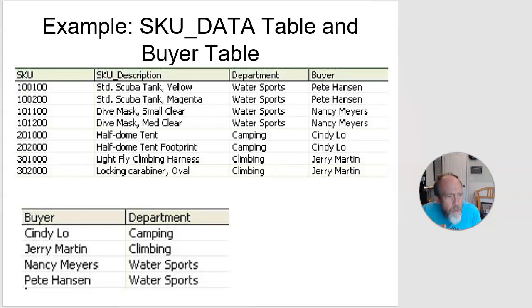The ones that begin with 2 or 3, the 2s seem to be camping, and the 3s seem to be climbing, and they have buyers in each of those. And we've also got, from the buyers, we can say, well, Cindy Lowe goes with camping, Jerry Martin goes with climbing, Nancy goes with water sports. Okay, so just looking at that data gives us some information about the structure of that data.